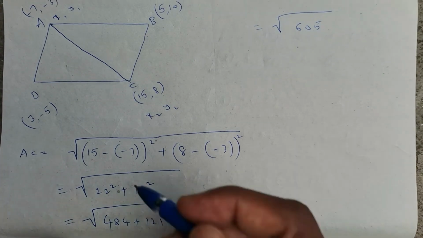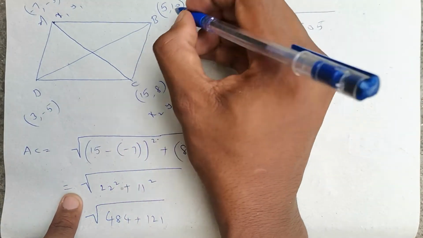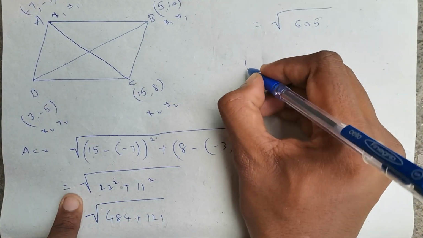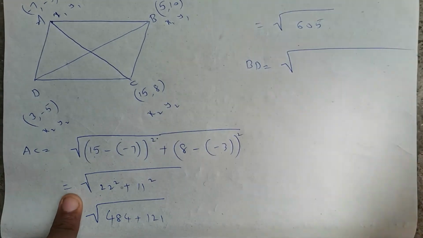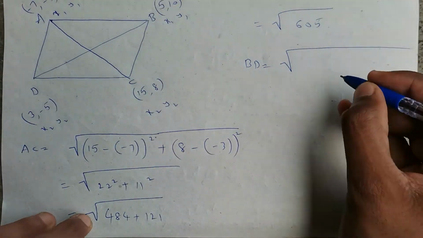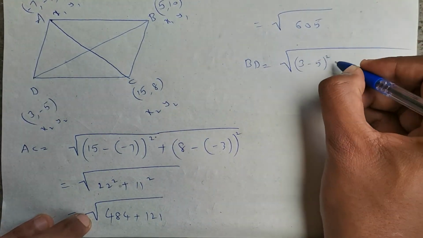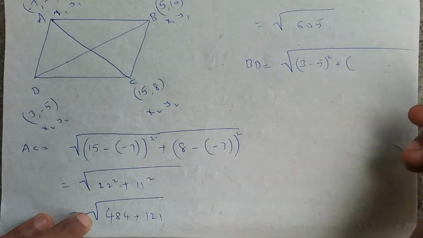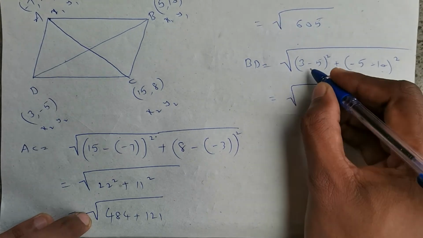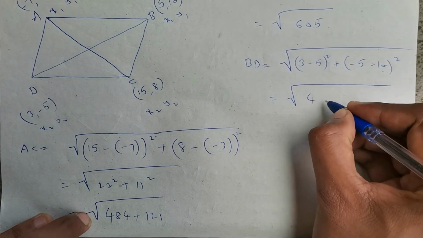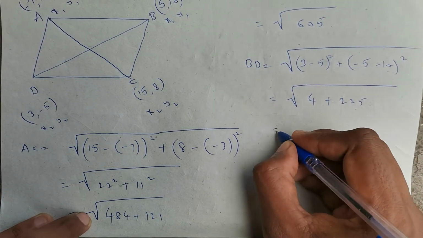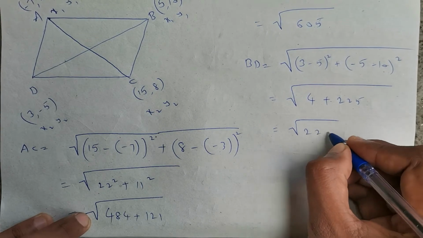Now let us find the diagonal BD. Here this I am taking as x1 y1 and this as x2 y2. So BD is equals to under root x2 minus x1, here it is 3, here it is 5, 3 minus 5 whole square plus y2 minus y1, this is minus 5, that is minus 10, minus 5 minus 10 whole square, is equals to 3 minus 5 is minus 2 whole square 4 plus minus 5 minus 10 is minus 15 square 225, is equals to under root 4 plus 225, 229.